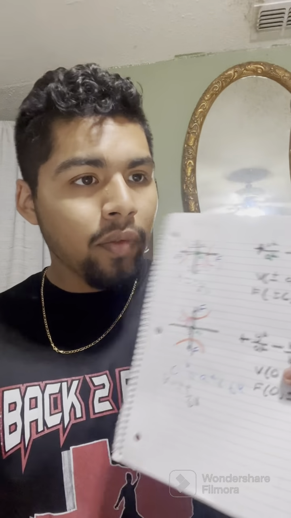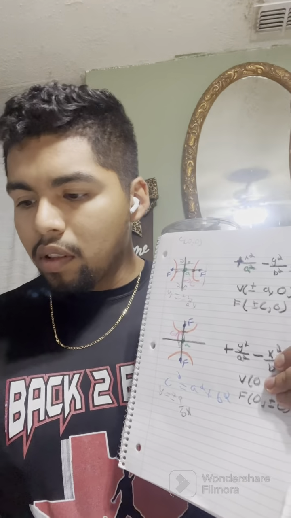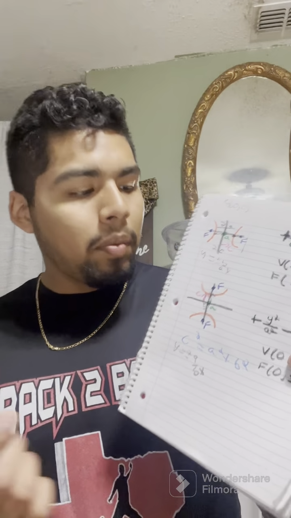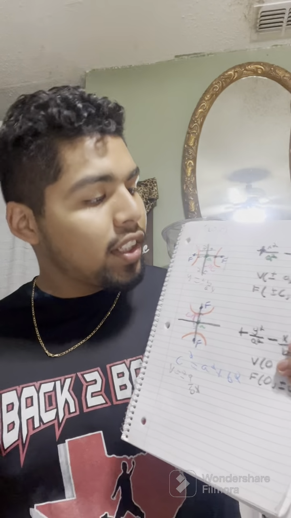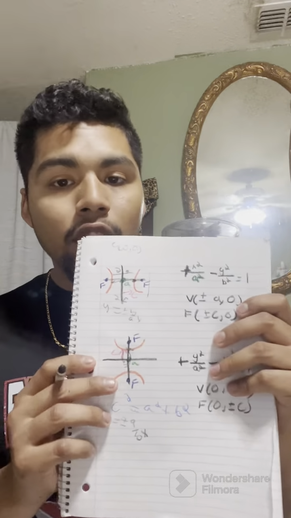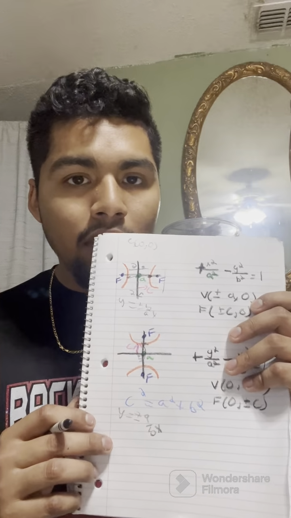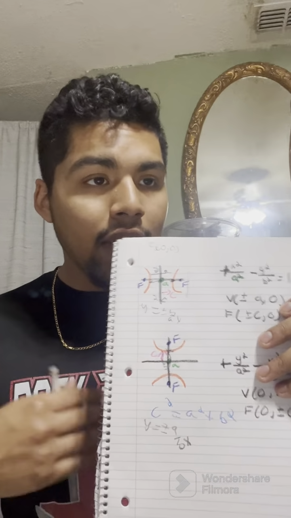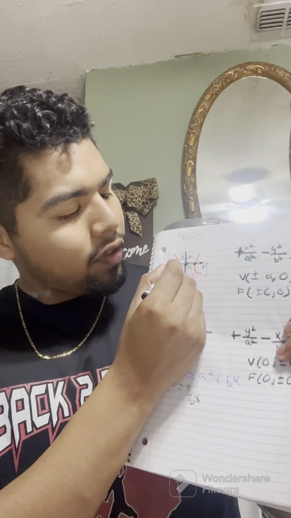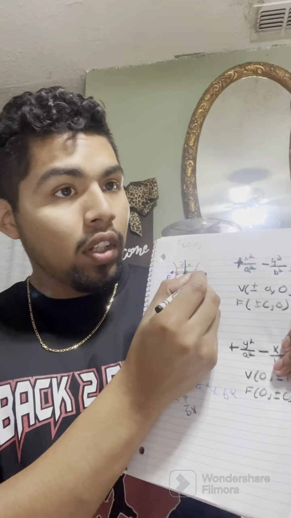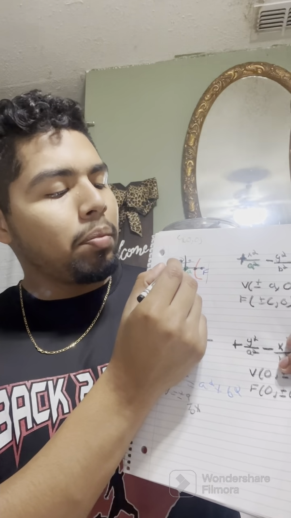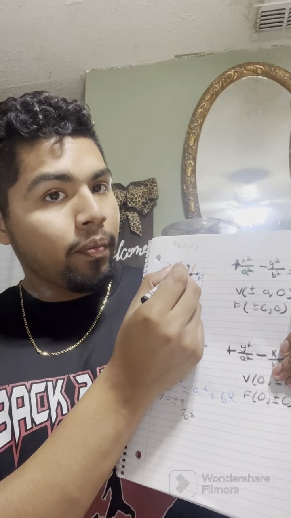Excuse me. So the other thing we need to be familiar with is the transverse axis. So the transverse axis is the line segment that connects these two vertices, from this point to this point. So the length of the transverse axis would be 2a.